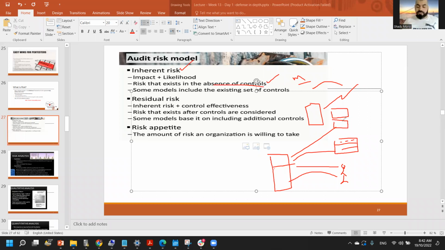Okay, guys. Another thing that you really need to look at is residual risk. What is residual risk all about? Once you have your inherent risk, you say, okay, I cannot leave my computer connected to the internet without proper control. I cannot connect my computer to different networks without a proper antivirus and anti-malware, because maybe I will get infected.